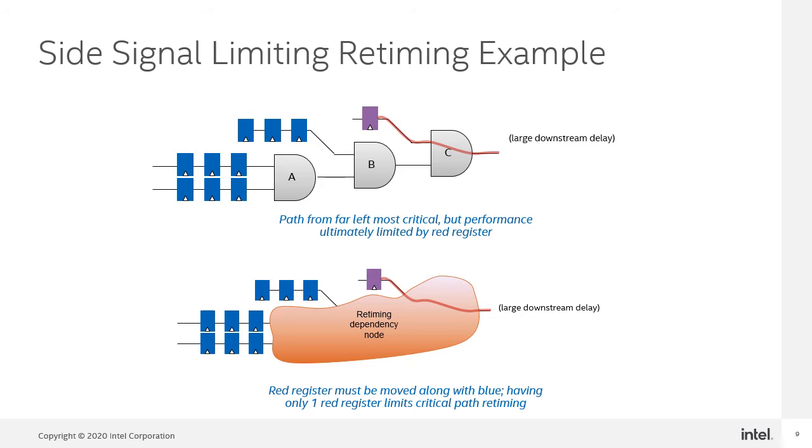By design, AND gate A has plenty of registers lined up to retime forwards. The same goes for AND gate B. Unfortunately, AND gate C has one input and a single register. Once that register retimes forwards along with the first registers into AND gates A and B, then there are no more registers to retime. Thus, forwards retiming is now blocked through the entire structure after the first retiming move is completed.